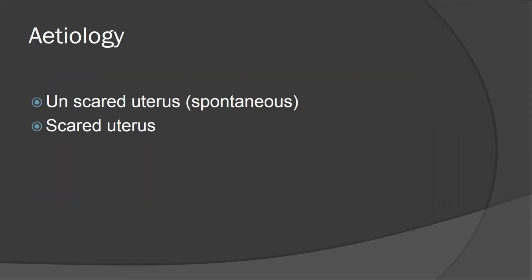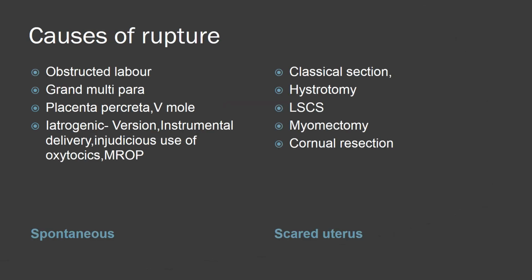When we look into the causes of rupture of uterus, there can be two entities: one that occurs in an unscarred uterus, what we call a spontaneous rupture, and one that occurs in a scarred uterus. The etiology may be different in both. In an unscarred uterus, the most common cause is obstructed labor.